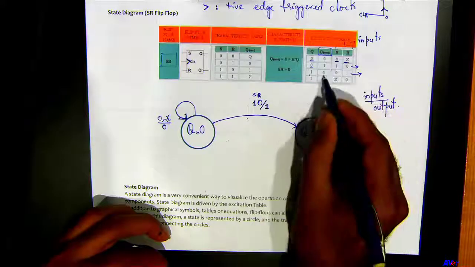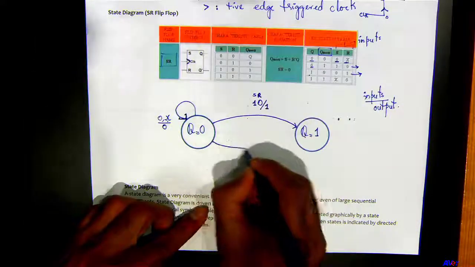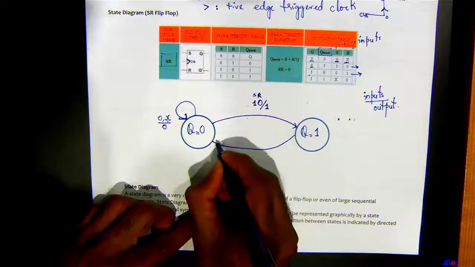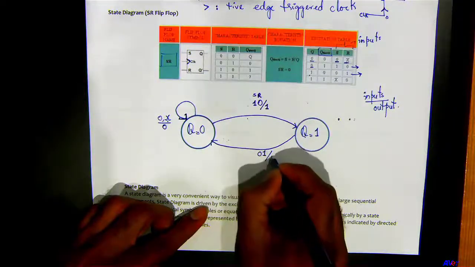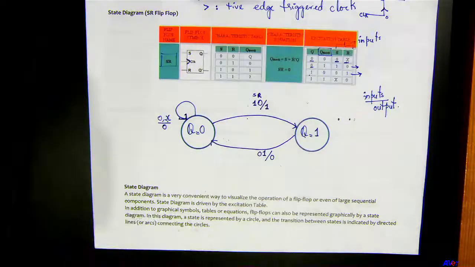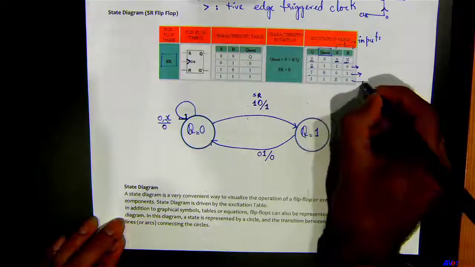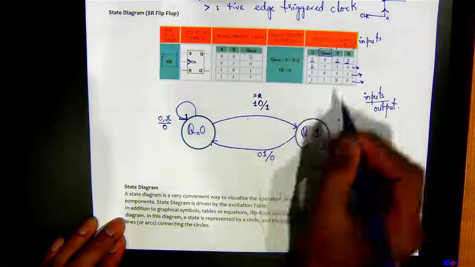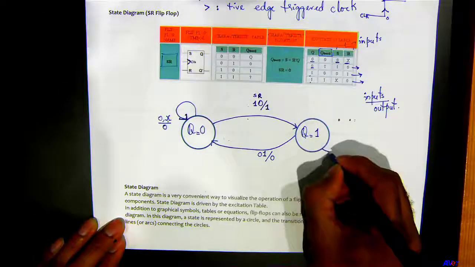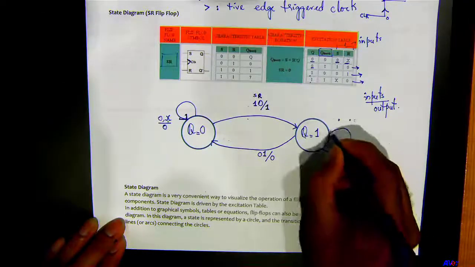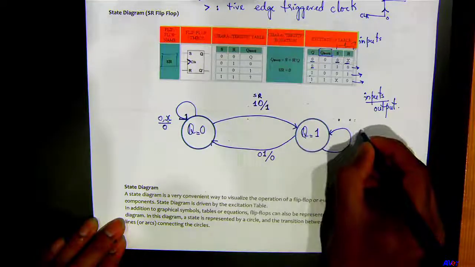The next state is going to be 0 when the inputs are 0, 1, and the output is 0 because it's going to 0. Let's move on to the last one right here. When the present state is 1, which is over here, the next state is 1 when S and R are don't care, 0.